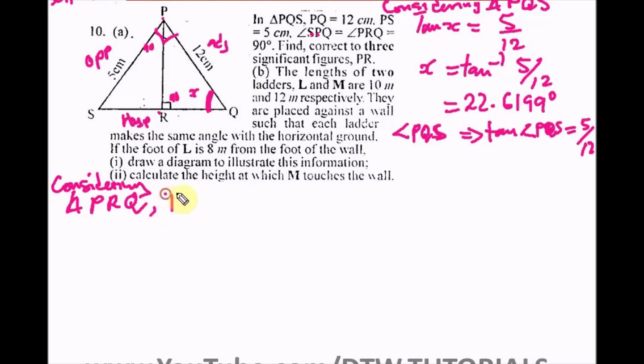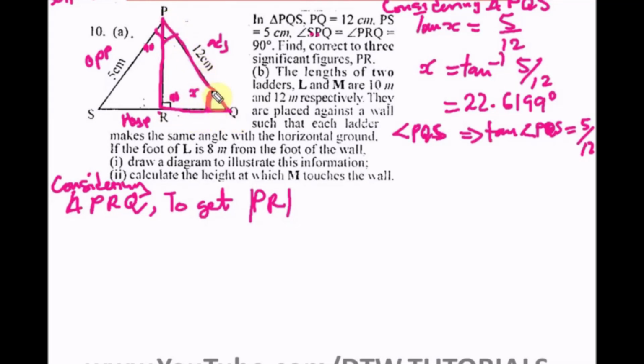To get PR, that's this side, which is what the question asks, we use this triangle here.